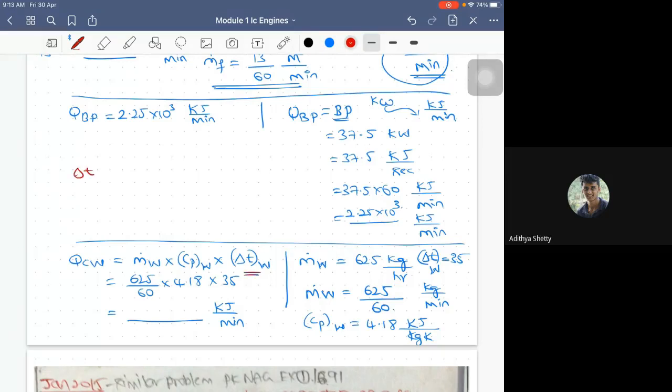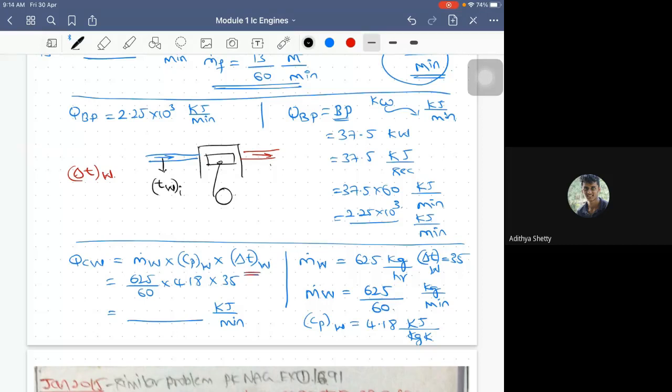So what is delta T of water? Understand this, everyone. There will be an engine. Now, for this engine, you will supply cooling water to cool the engine. And this cooling water would get heated up and come out, isn't it? So the temperature at the inlet of the cooling water is TWI.